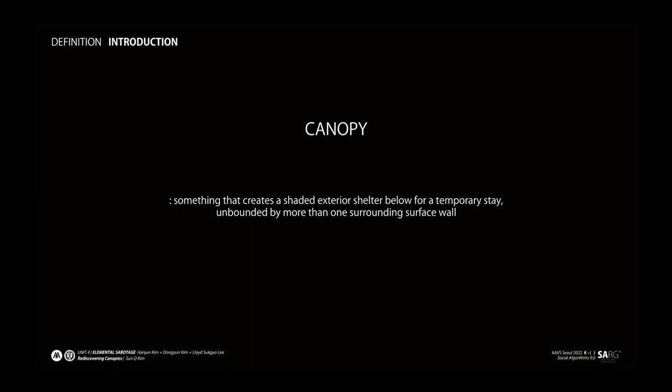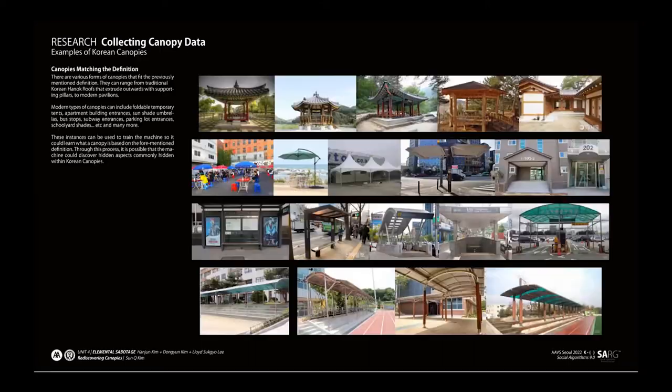And to reflect this objective, in form terms, it shouldn't be bounded by more than one surrounding surface wall. So usually, in my terms, a canopy is supported by poles or a single wall instead of being surrounded by several surface walls. So this was my own definition of a canopy.